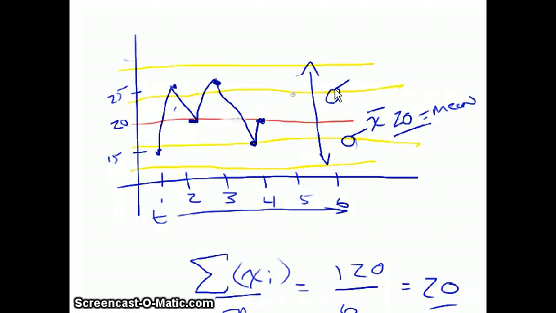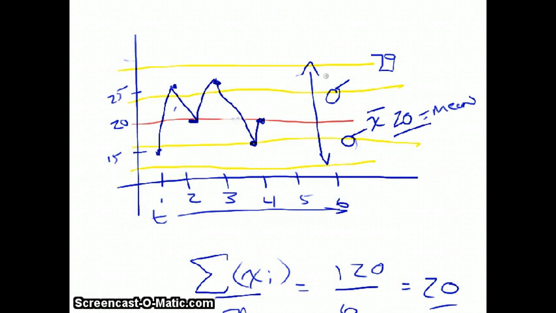Back to our control chart, 2 sigma will be 4.5 times 2, which would be 9, and so our upper 2 sigma control limit would be 29.